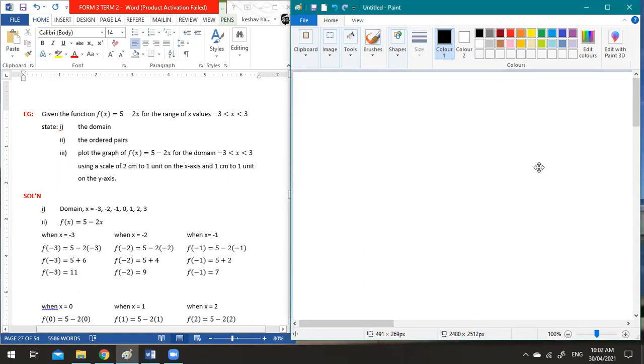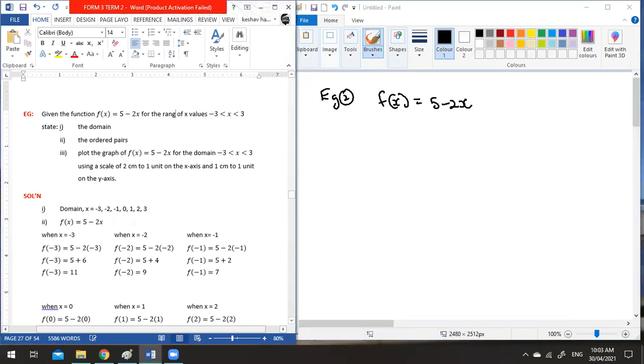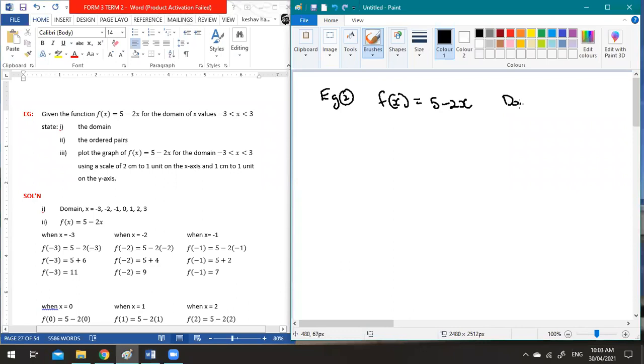Right? So relations and functions, we had reached example number 2 from last class. f of x is equal to 5 minus 2x, and this is the domain, not range. I made a mistake here. Domain. So the domain is x greater than negative 3.